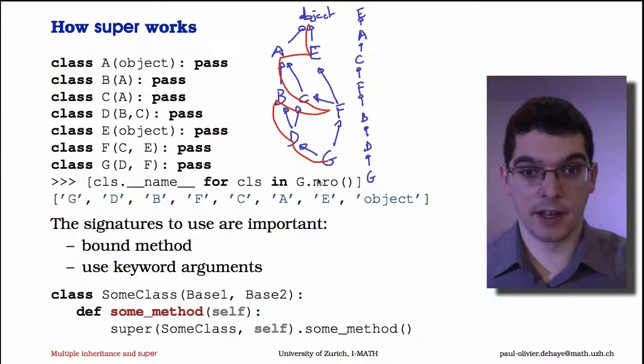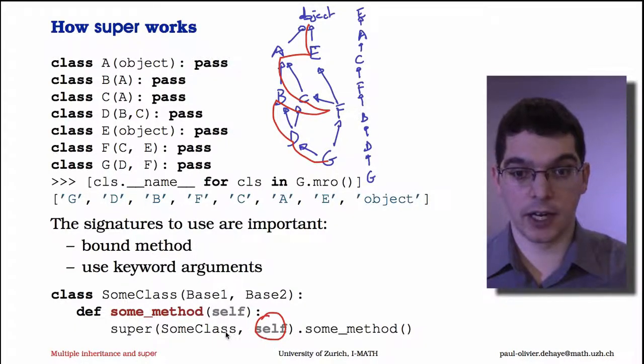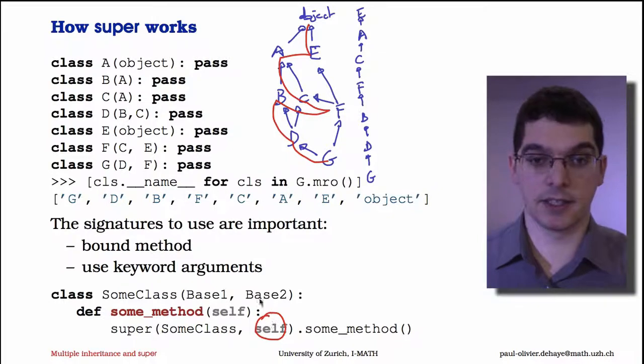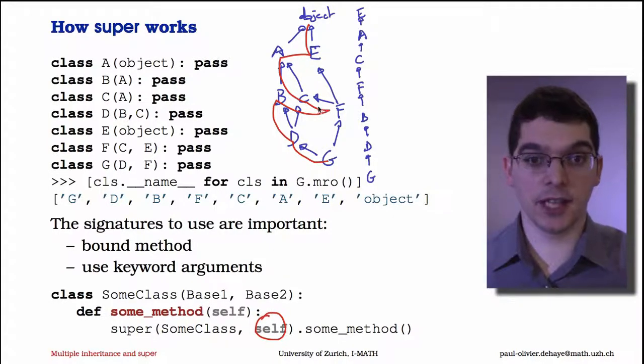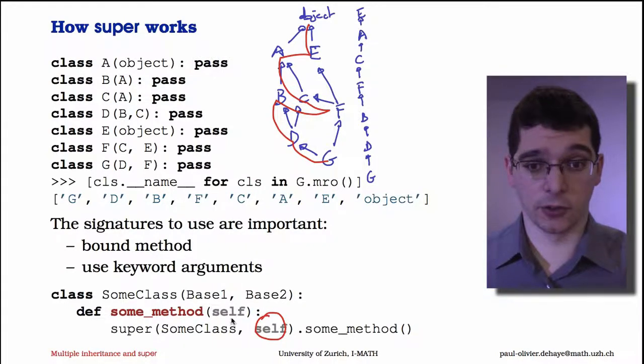When you have self that is of type G, and you are looking at super, some class, then an instance of G, it will give you the next class in the method resolution order of G, starting from the class there.